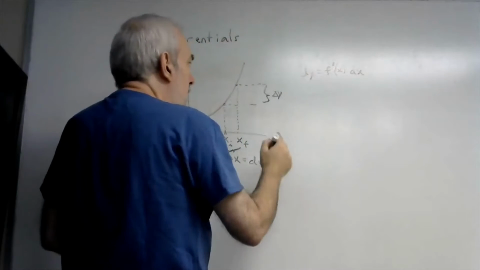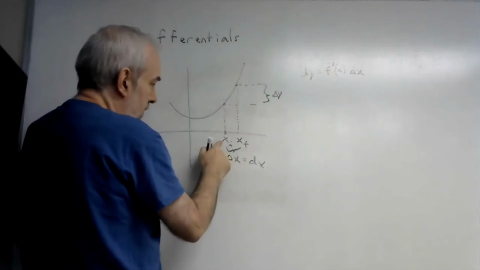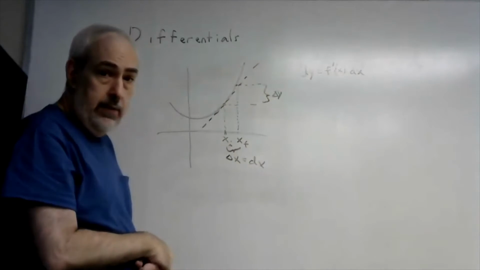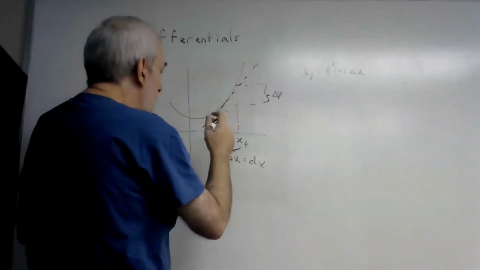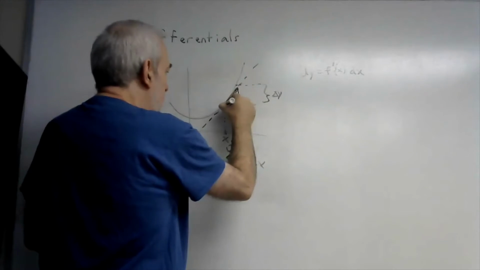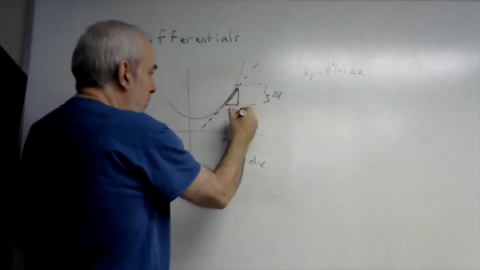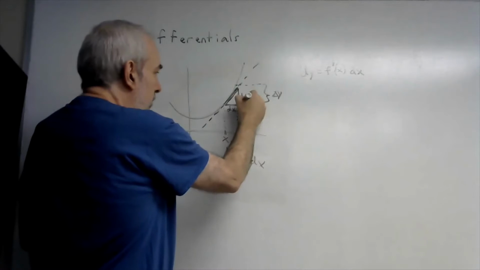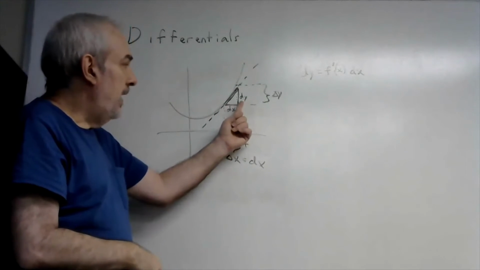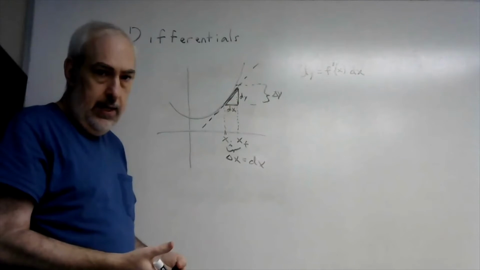Imagine a tangent line at this x initial. That would be going like that. Then if you make a triangle on that tangent line like this, this is dx, and this right here is dy. dy is basically the change in the y coordinate if you are riding on the tangent line.